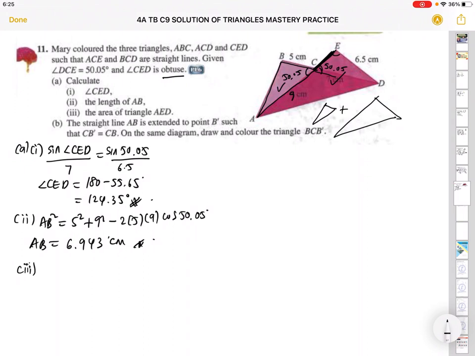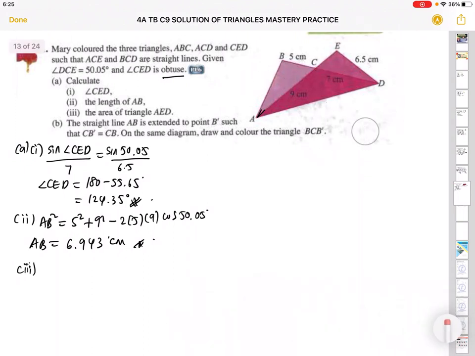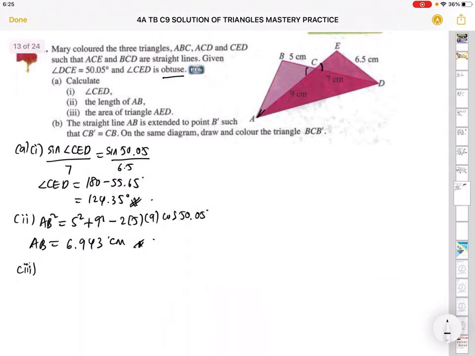Or you can actually find all three. Sorry, too many lines you can't see. Another way would be I need to find this angle, which I already have. These two angles I already have. I already know this angle, but I do not know this angle here. Maybe I just find angle CDE. That will be easier, right? So angle CDE will be 180 minus, I already know CED, 124.35, minus 50.05.